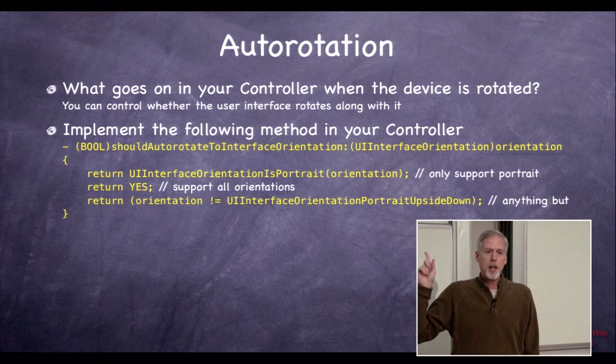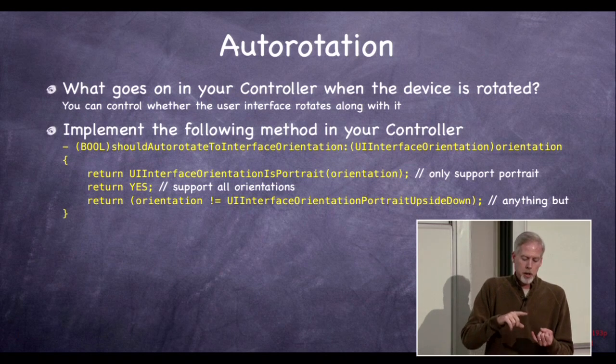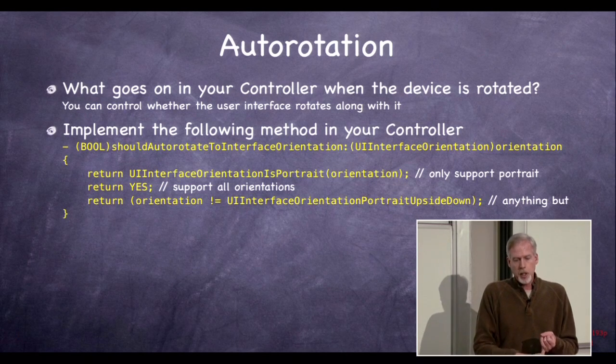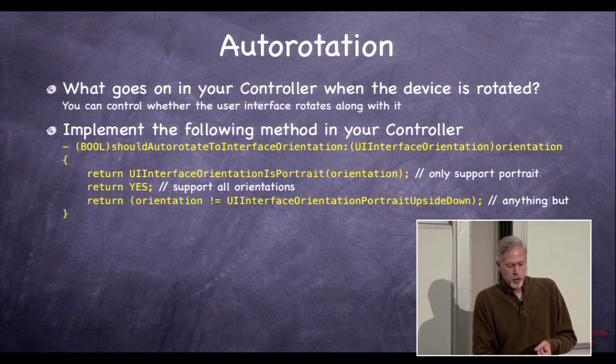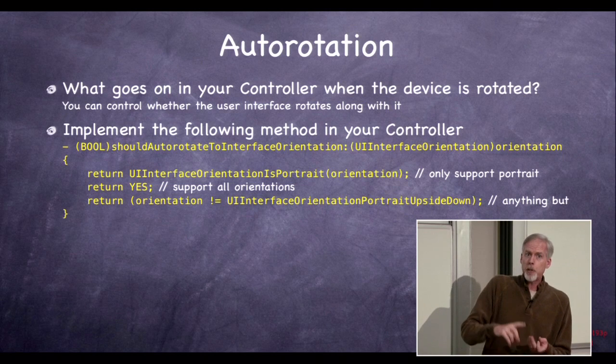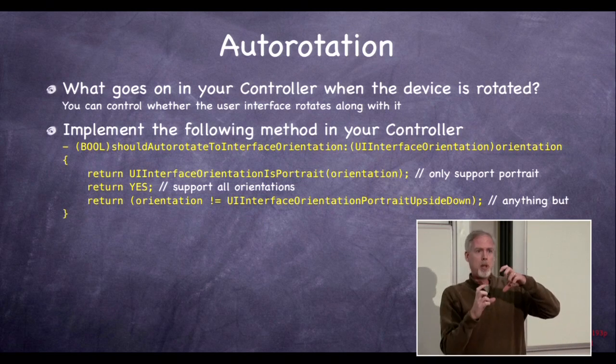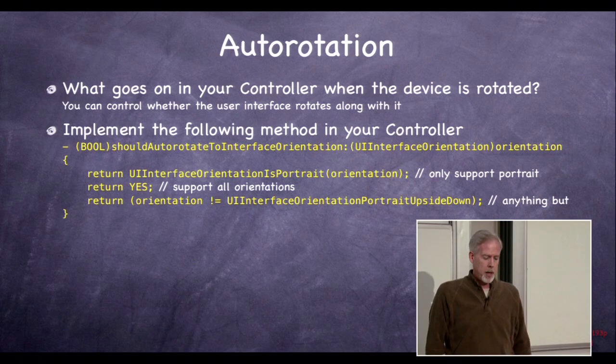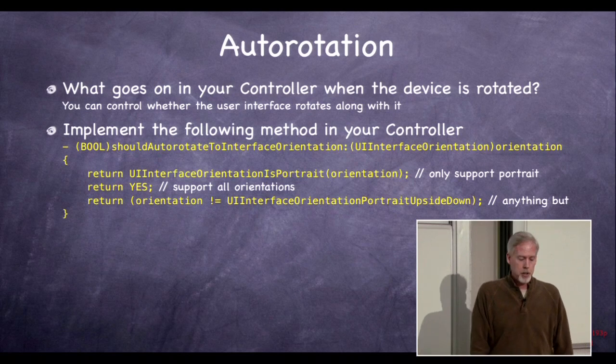Now, this orientation, UIInterfaceOrientation, is either UIInterfaceOrientationPortrait, portrait upside down, landscape left, or landscape right, which is landscape with the home button on the left, landscape with the home button on the right. Those are the four orientations you can go into.